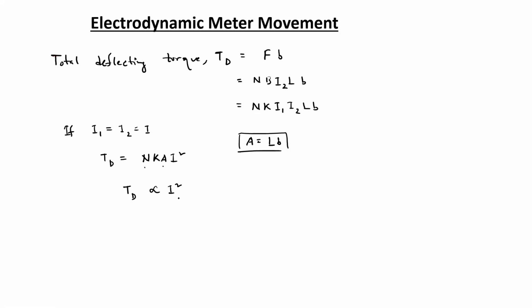So it is not directly related to the current. The deflection resulting from the deflecting torque is going to be proportional to I square as well, and that would result in a non-linear pattern in the deflection.